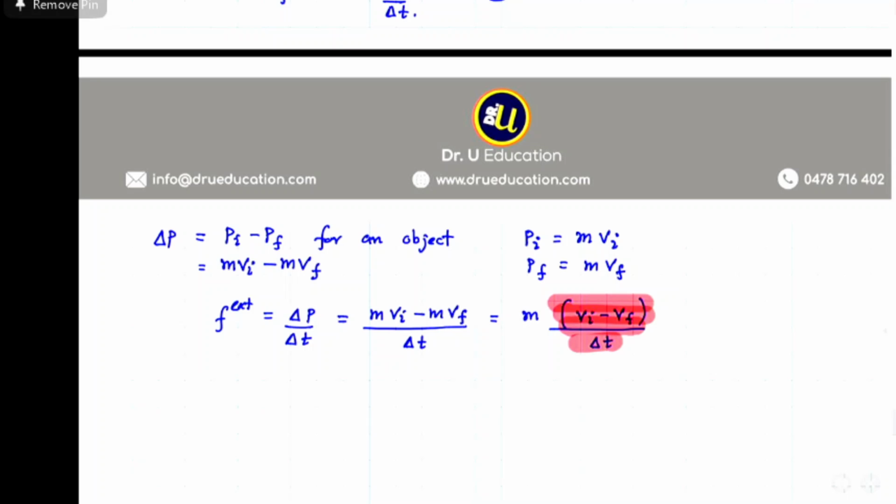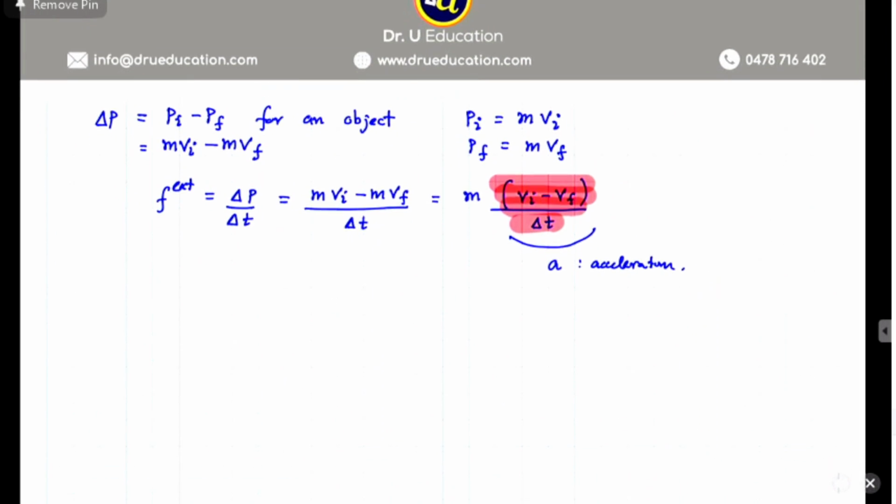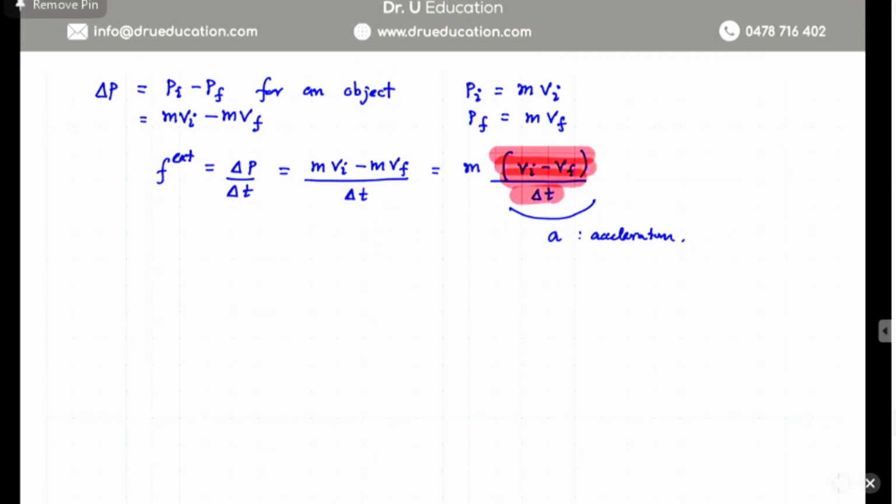Distance divided by time is speed. Velocity divided by time or speed divided by time? Acceleration. So this is nothing but acceleration. Easy, yeah?